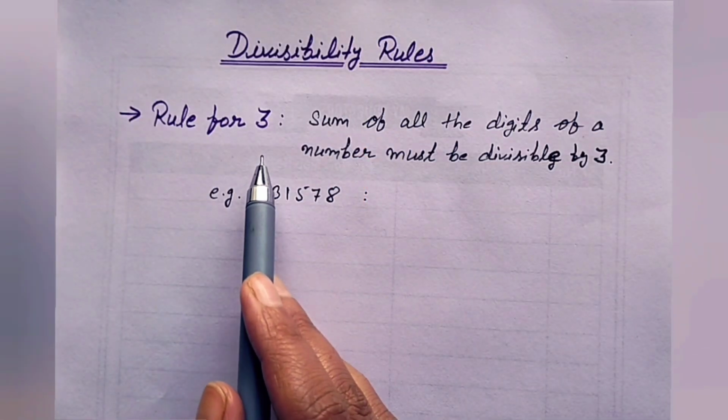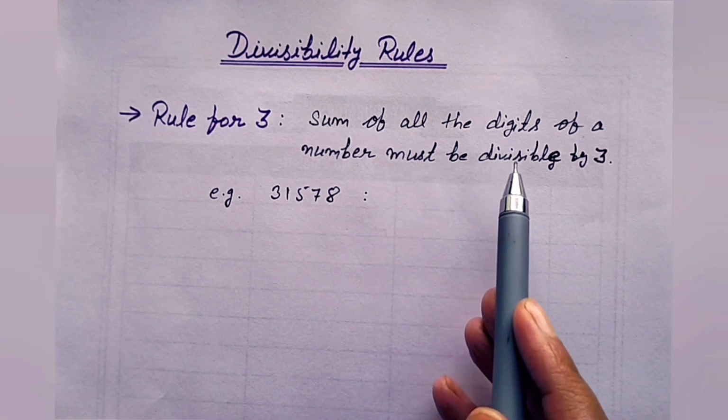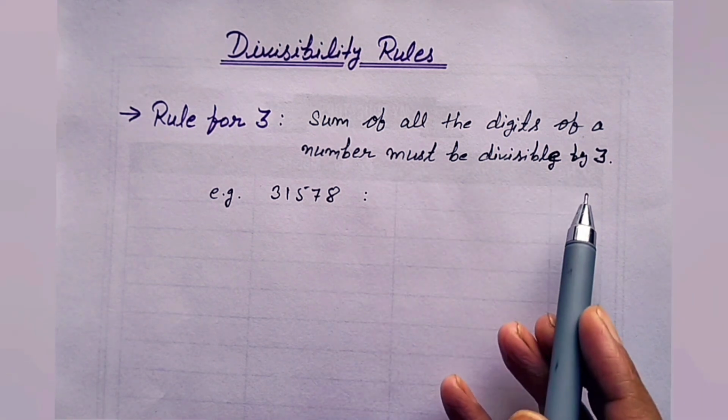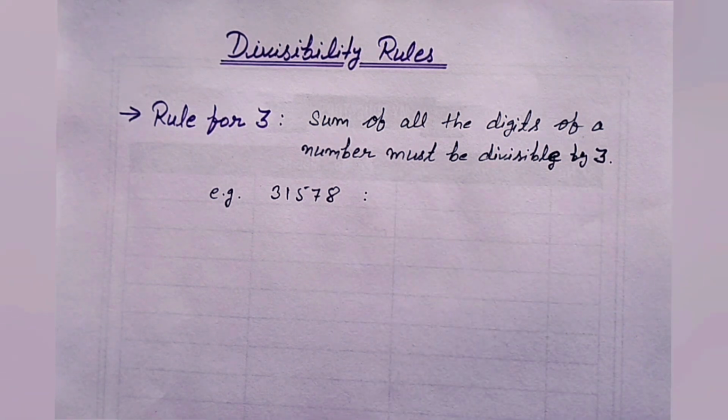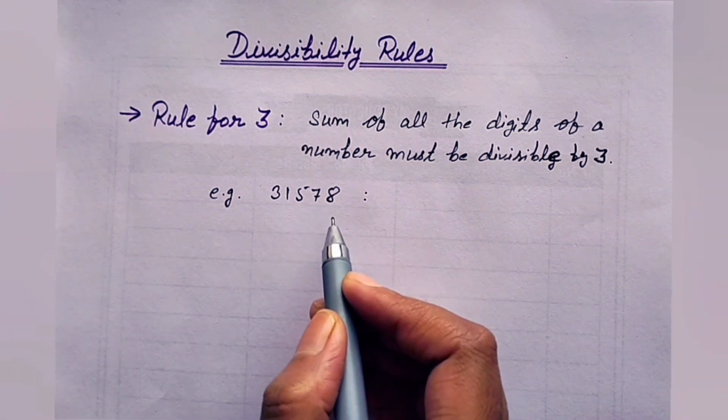Divisibility rule for 3: the sum of all the digits of a number must be divisible by 3. Means we just need to check whether the sum of all the digits of a number is divisible by 3 or not. If yes, then the given number will also be divisible by 3. For example, this is a number.